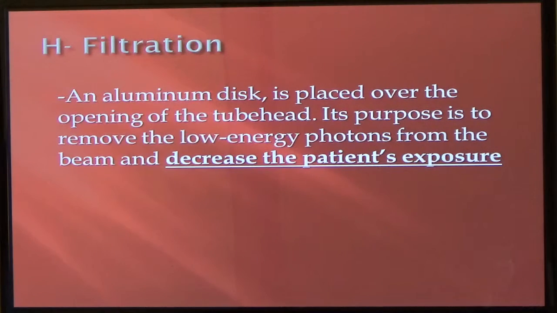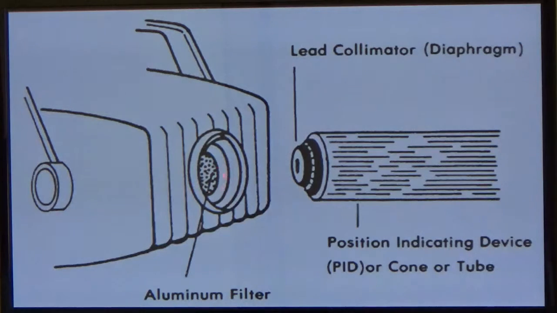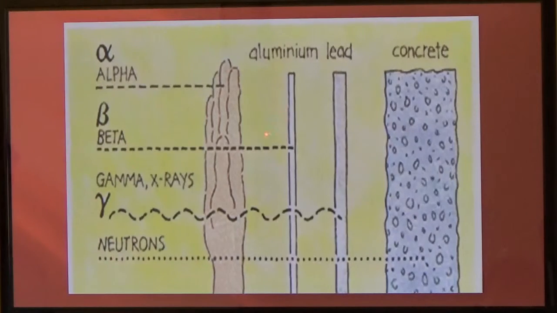You'll see the aluminum disc right at the opening of the tube head here. If you remember that picture, it had the hand and then aluminum over here. So if you put the aluminum here, before it hits the hand, it'll filter out all those bad waves. So if we put this aluminum in front to stop the waves that we don't need, we're not going to expose the patient.